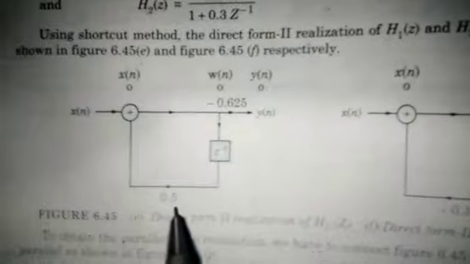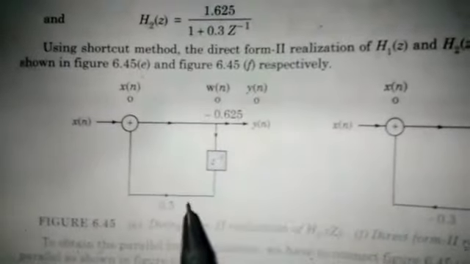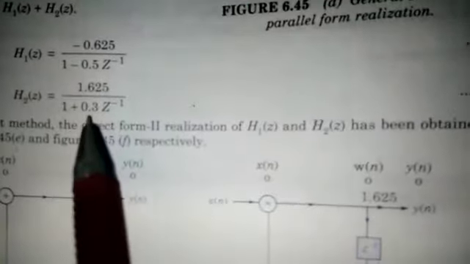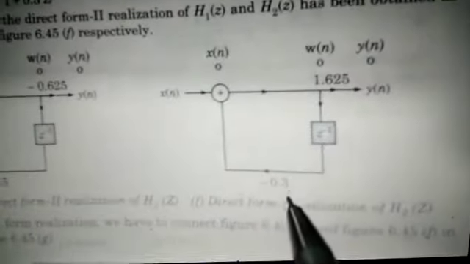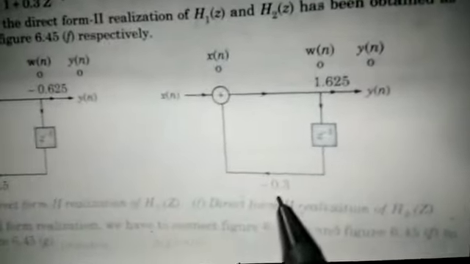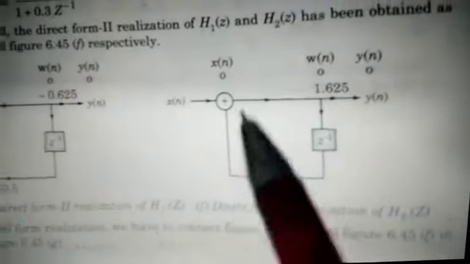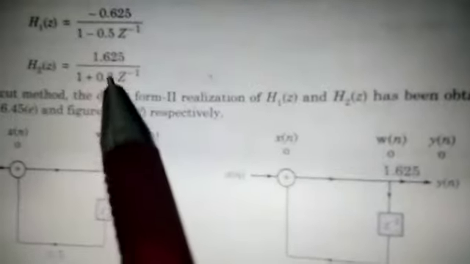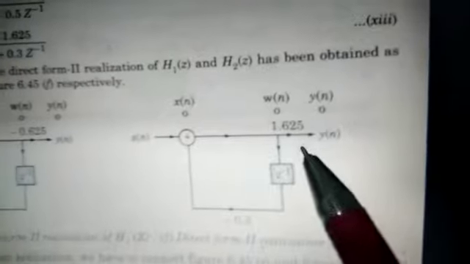In the equation it is minus 0.5, we will write the plus 0.5 to the left side because these are poles. In the second term it is plus 0.3, we will write the minus 0.3 to the left side, and the constant is multiplied here in the numerator, minus 0.625, and here 1.625.